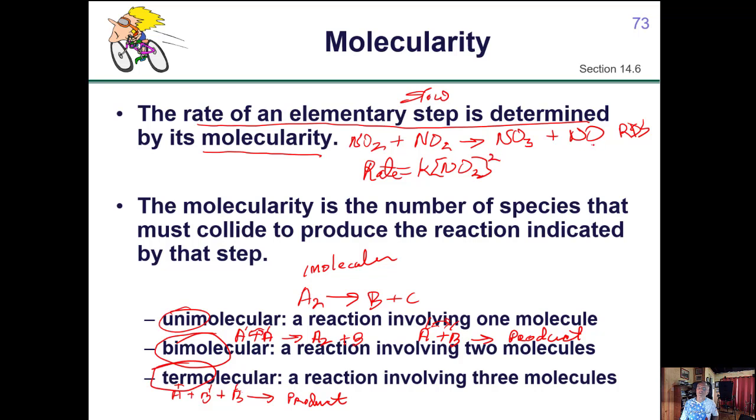Now, if this is the slow step and the rate of an elementary step is determined by its molecularity, this would not only be the experimentally determined rate law, it's also the rate law for the slow step. So the rate of an elementary step is determined by its molecularity.